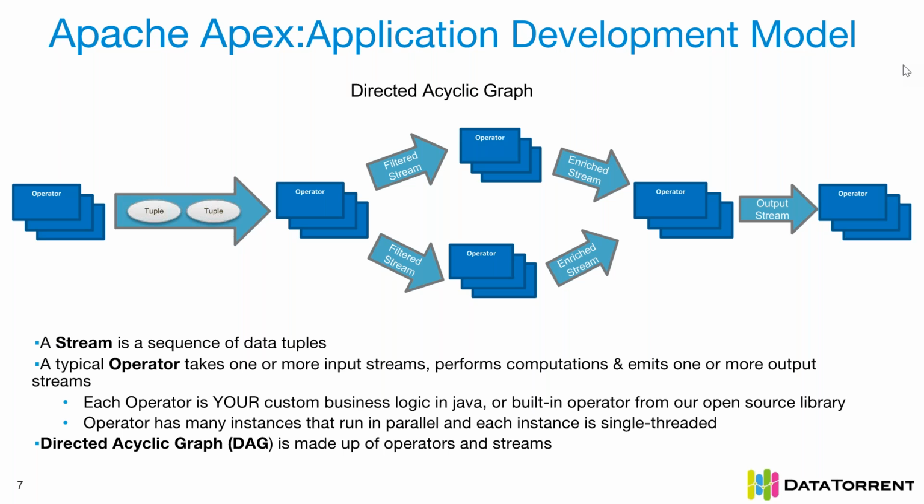Each operator can have multiple input streams as well as multiple output streams. After receiving data from the input streams and computing, you can emit the generated data to the various output streams based on your logic.